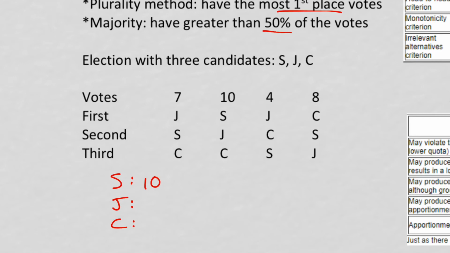But J has 7 and another 4, so that would be 11, making J the winner. Okay.